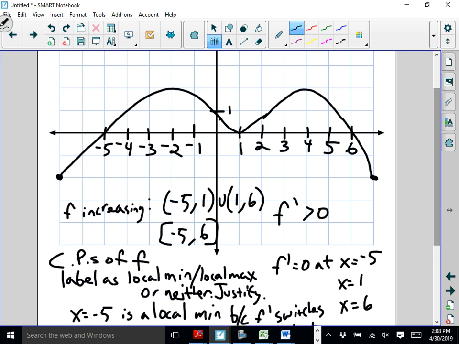Okay? So again, in summary, this point is a local min. This point, neither min nor max. This point, local max.